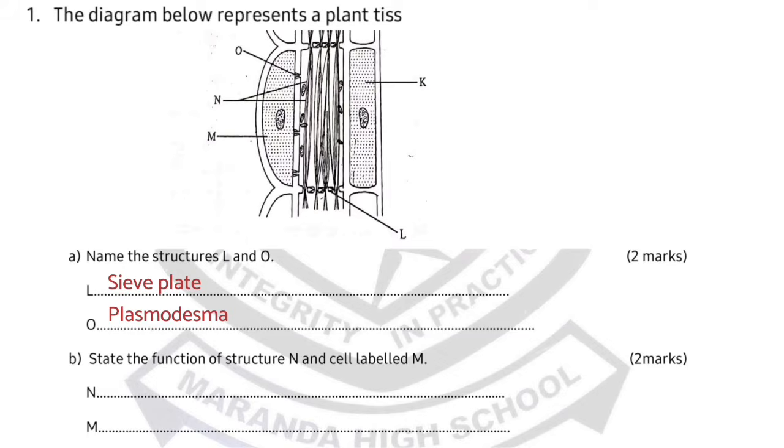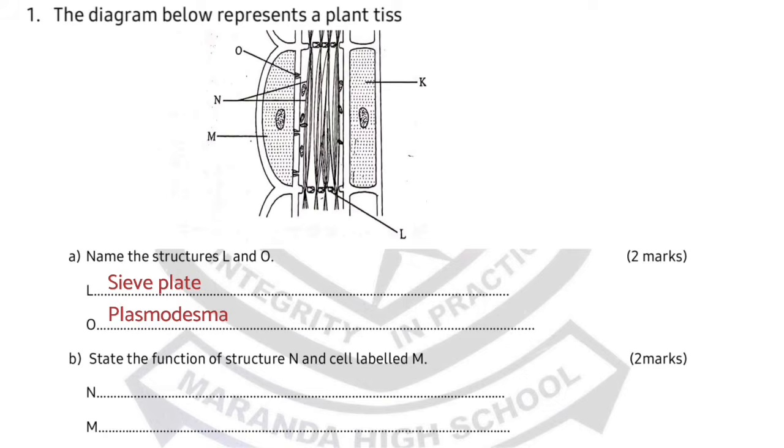So they rely on the companion cells to carry out all the necessary metabolic activities of a cell. So the numerous plasmodesmata come in handy. They connect the cytoplasm of the two cells, allowing the companion cells to manage the life functions, okay, the cellular activities for the sieve tube elements. Okay, I hope that was well understood.